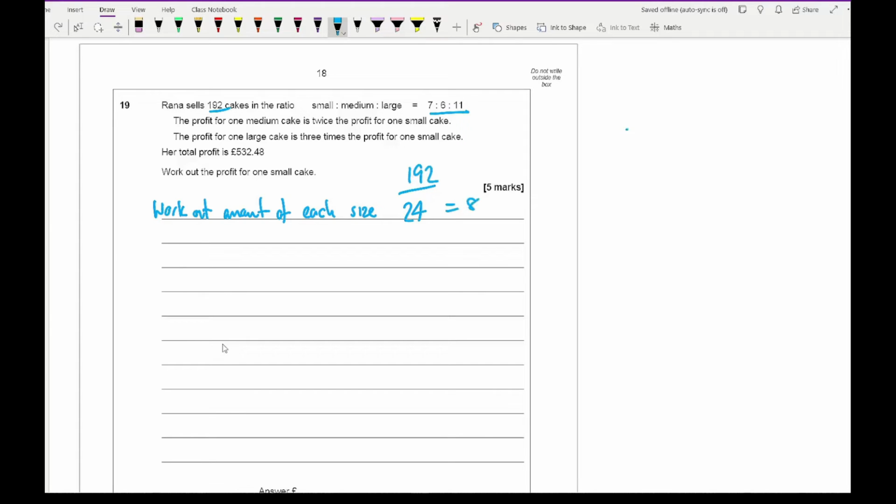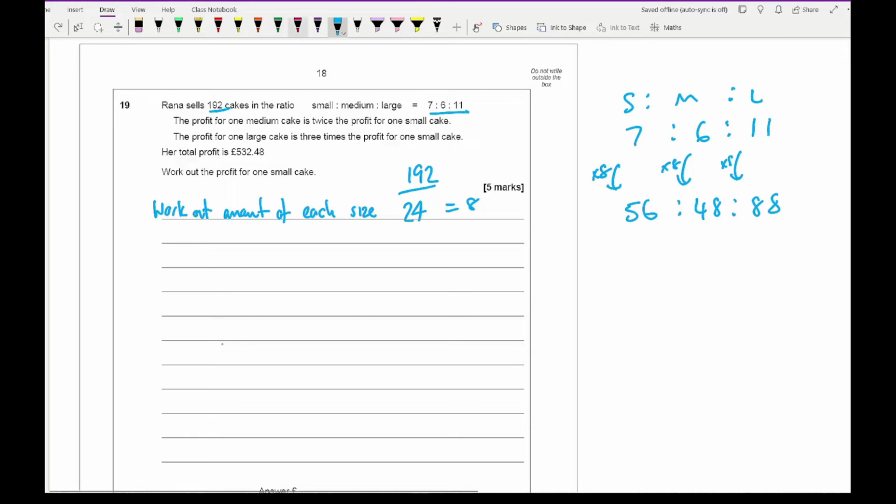So then we've got 7, 6, 11, small, medium, large, times each of these numbers by 8. That gives 56, 48, 88. So there's the spread.